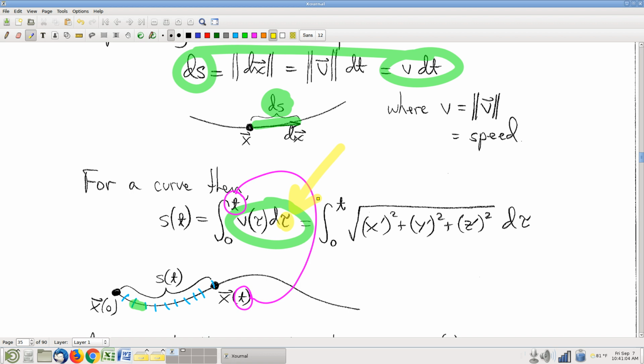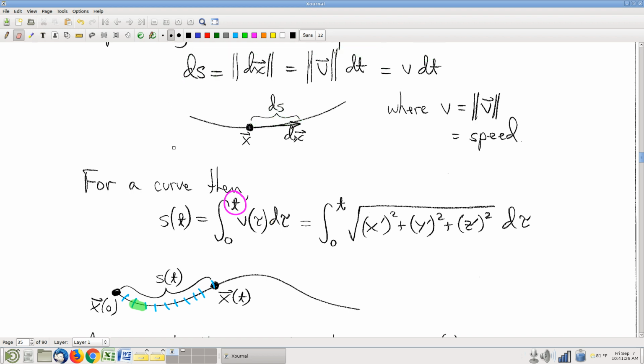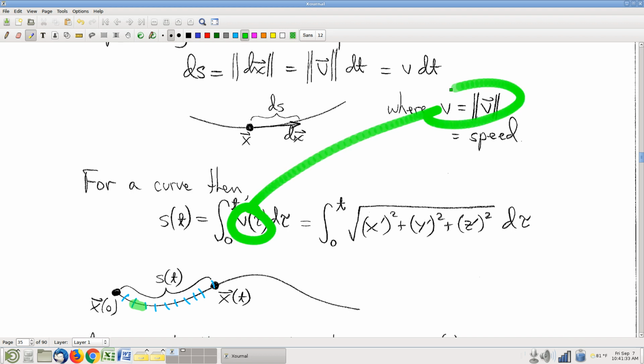Suit yourself. I'm using tau here because it kind of looks like a t, and this is kind of representing the movement along this curve parameterized by time. So something that looks kind of like a t is satisfying, so we use tau. Anyway, no big deal, but do be careful about it. Now let's talk about this v, little v. That's the magnitude of the velocity vector.